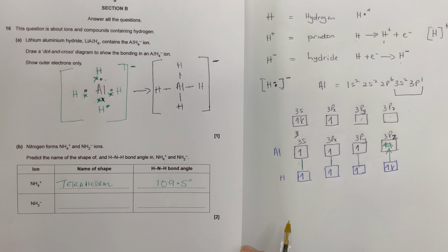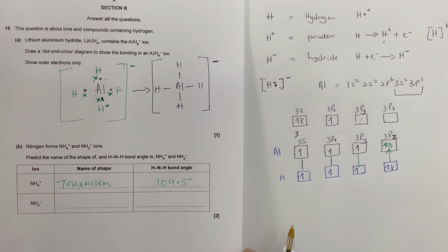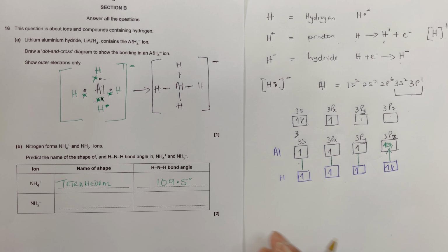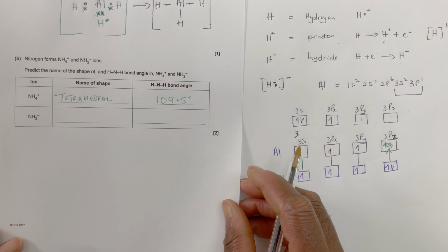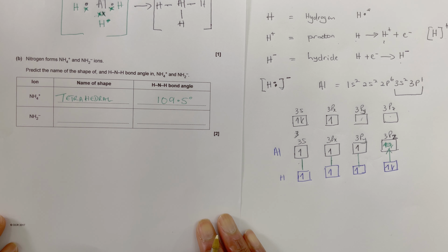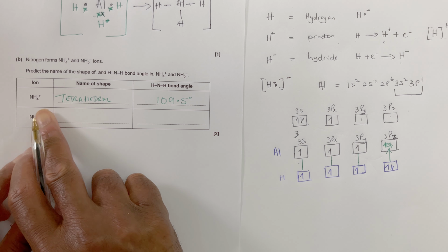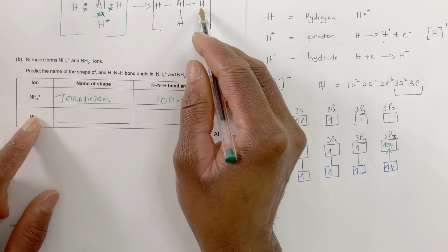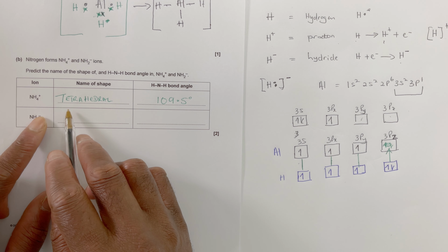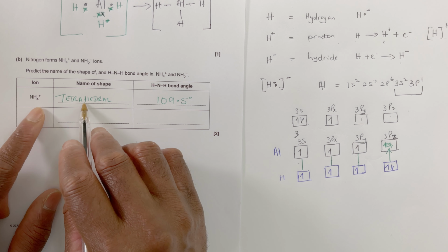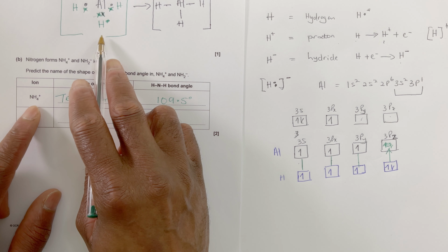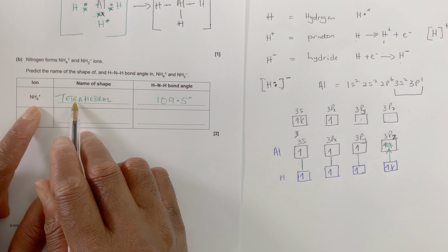The B part is also forming in a similar fashion. So let's do that one. We've got nitrogen. So that's aluminium here.